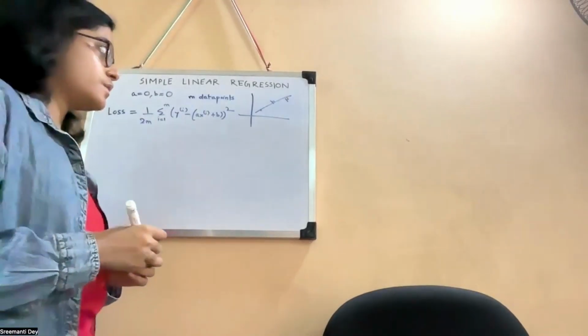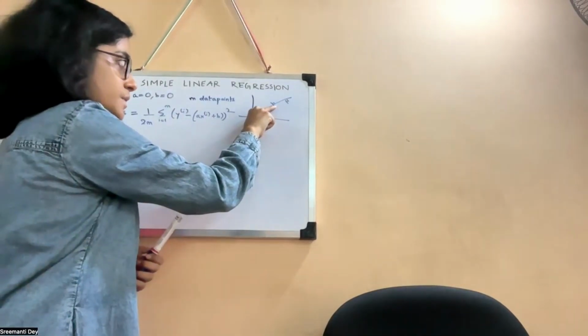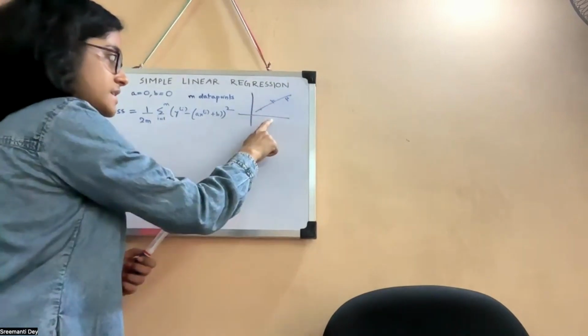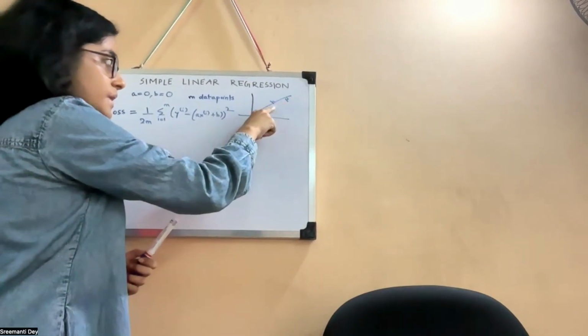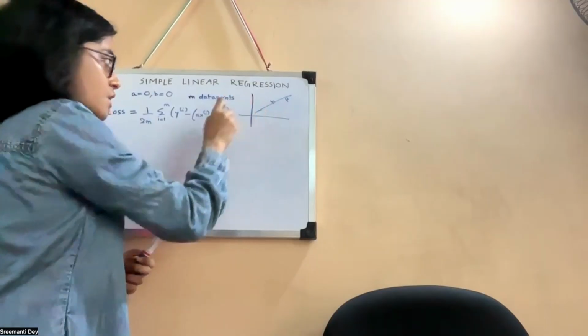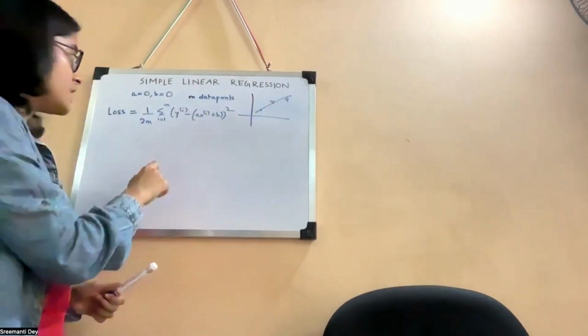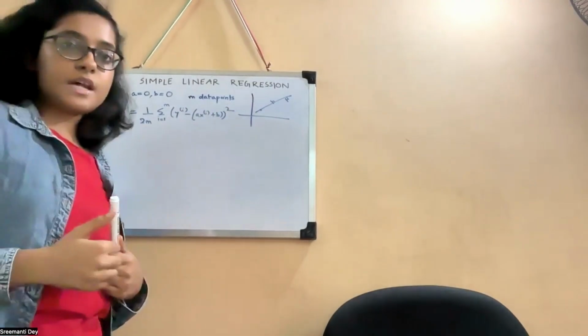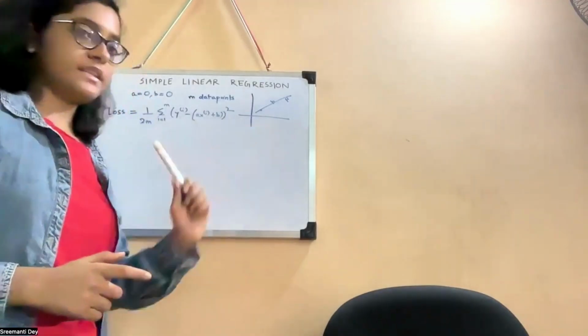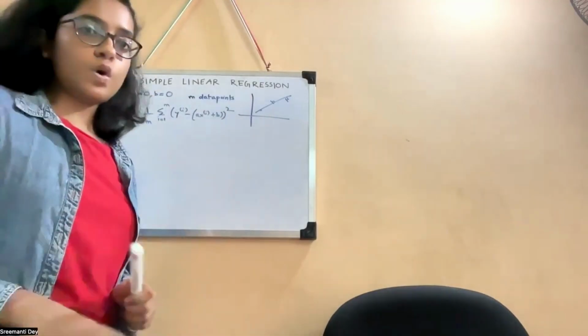The predicted one we get by placing the x value in this equation, but the actual value is 11. So this is the loss, and we are squaring it and then taking the summation, and our target is to minimize this loss so that we can get the line that is closest to all the points.